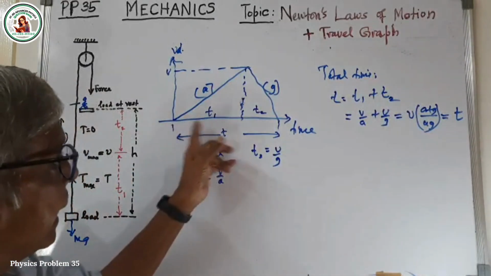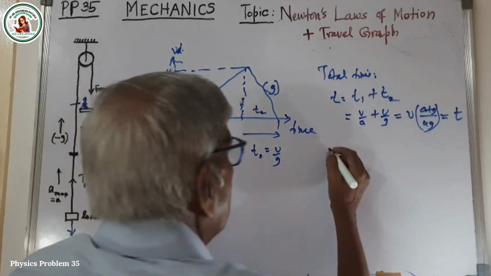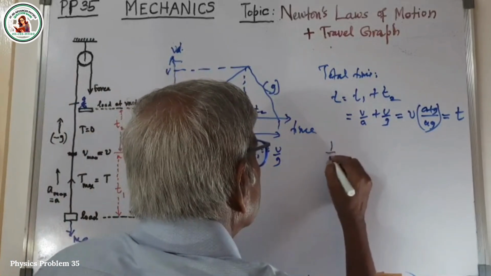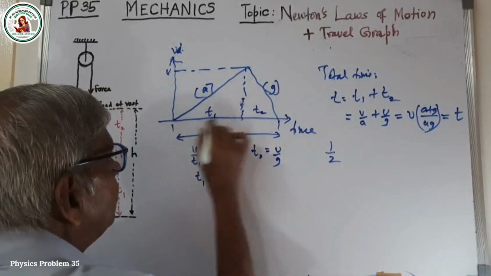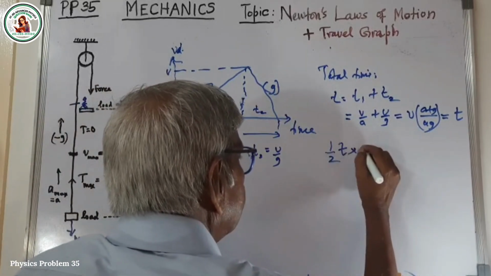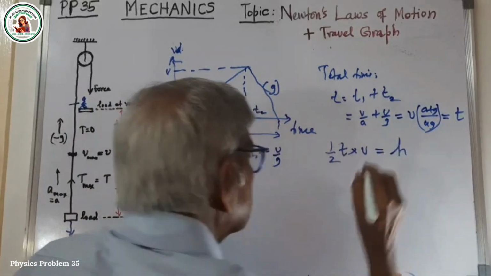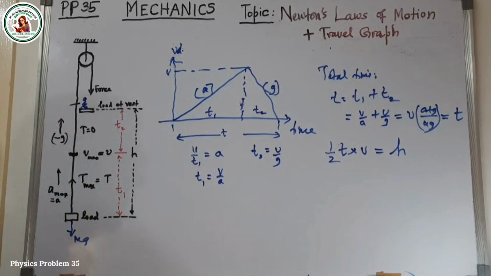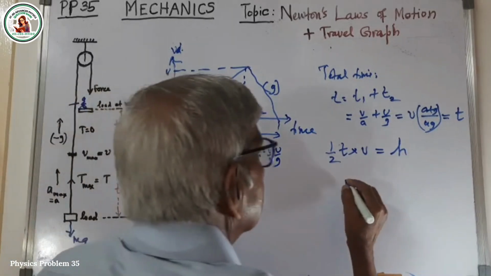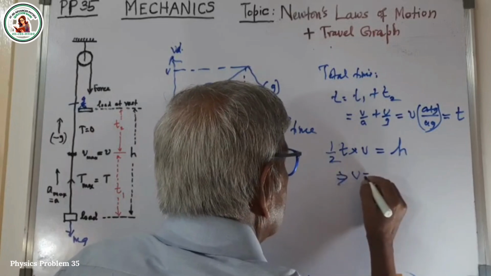Then, the area under the graph is equal to the displacement. The area of the triangle, with base t and height the maximum velocity v, is half t v, which is equal to the height h. This implies v equals 2h by t.